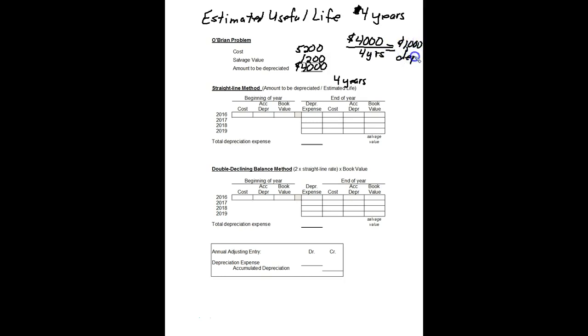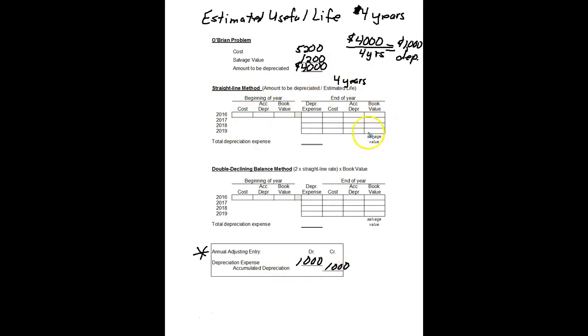So I'm just going to abbreviate depreciation. So every year end, we would make this adjusting journal entry. So this company, every year end, is going to make the standard entry for depreciation: debit depreciation expense, and instead of crediting the asset account, we create this contra account, accumulated depreciation.